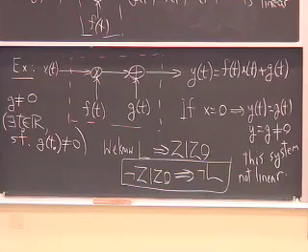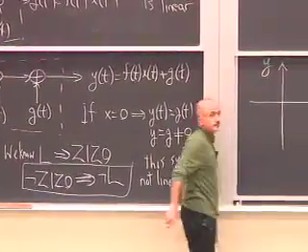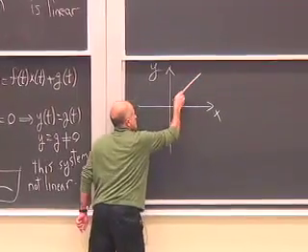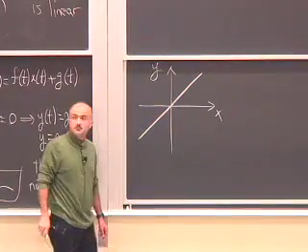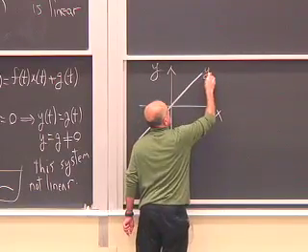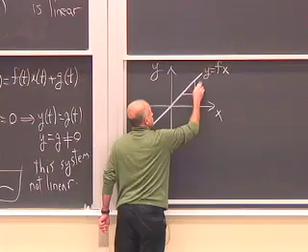Think of your high school days when you thought about straight lines. Here was x, here was y. You had straight lines that went through the origin, where y was f times x, where f was the slope.